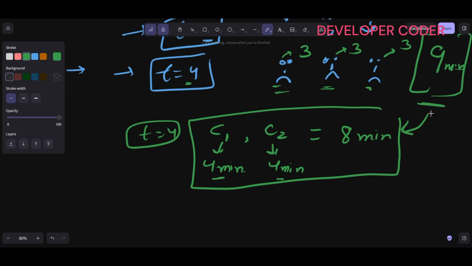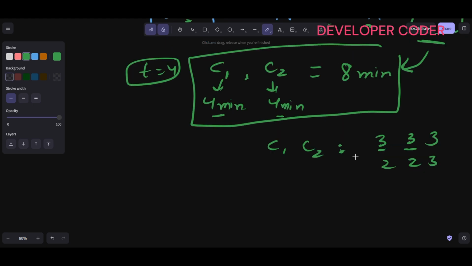So maybe what I can plan to do is like this. C1 and C2. Initially let's say we have 3, 3, 3. Let's say I use 1 from here, so it becomes 2, 2, then 3. Then I use 1 from here, so it becomes 1, 1, 3. Then after that I use this, so it becomes 0, 1, 2.